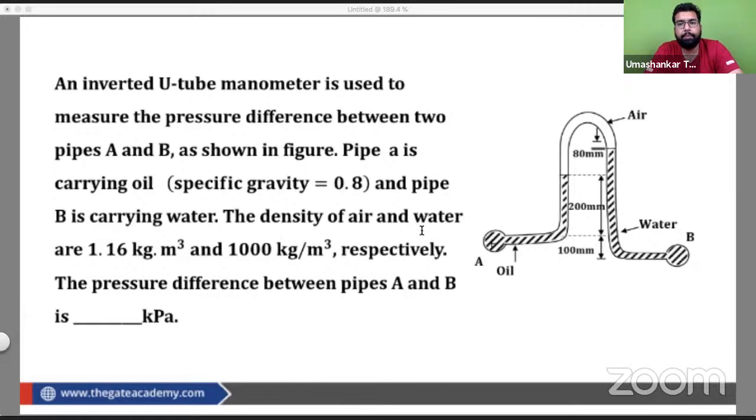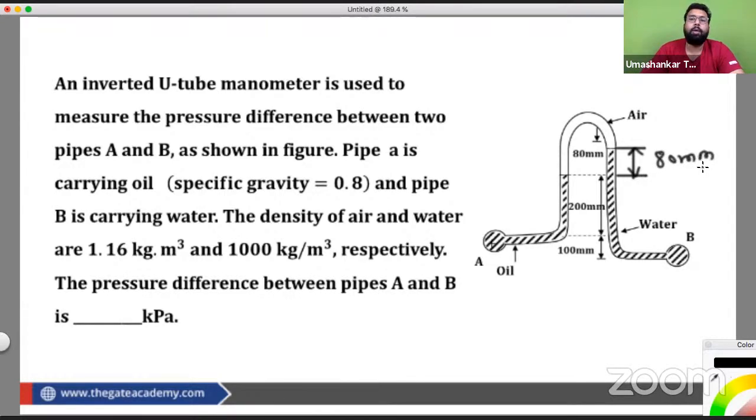Just read the question, beta. So actually, this is 80 mm, right? This is 80 mm. Okay, I'm just doing it again. This is 80 mm. I hope now you can do it. Please go ahead. I'm very sure that you can solve it. Please try to solve it, beta.